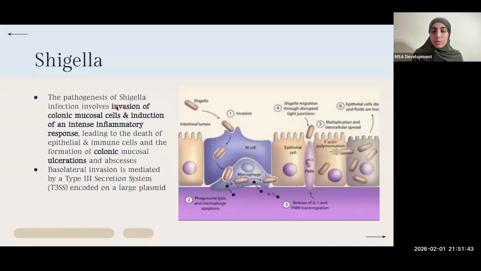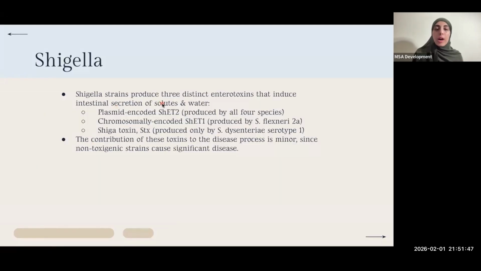Other than this invasion, which is the main way by which it works, we have some toxins, okay? Enterotoxins: the plasmid-encoded SHET2 and SHET1, which is chromosomally encoded, as well as Shiga toxin.